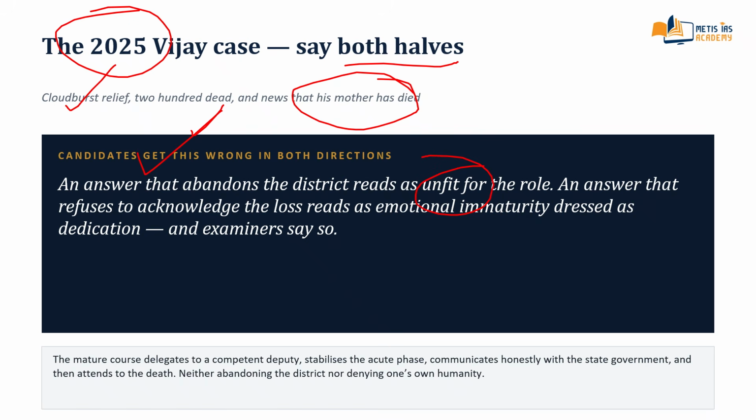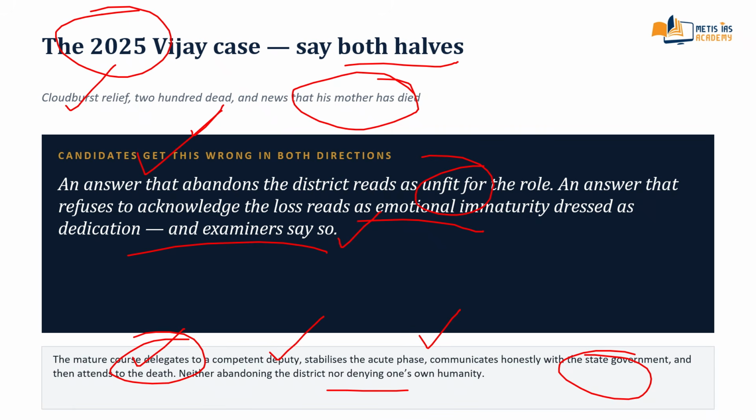An answer that refuses to acknowledge loss reads as emotional immaturity dressed as dedication, and examiners say so. So the mature course delegates to a competent deputy, stabilizes the acute phase, communicates honestly with the state government, and attends to the death, neither abandoning the district nor denying one's humanity. So you have to work on both halves.